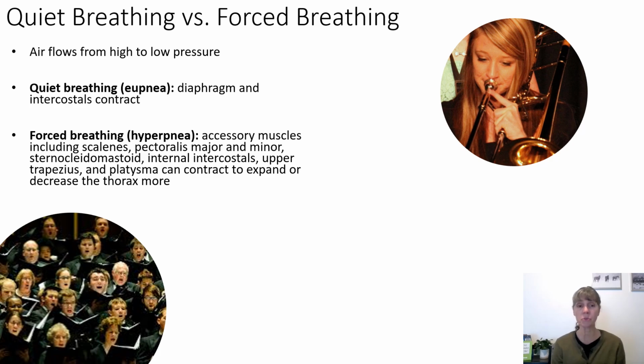With forced breathing, which is hyperpnea, which could either be forced in or forced out, we have accessory muscles, which include the scalenes, pectoralis major and minor, sternocleidomastoid, the internal intercostals, the upper trapezius fibers, and the platysma that can contract to expand or decrease the area within the thorax, even more so than normal.